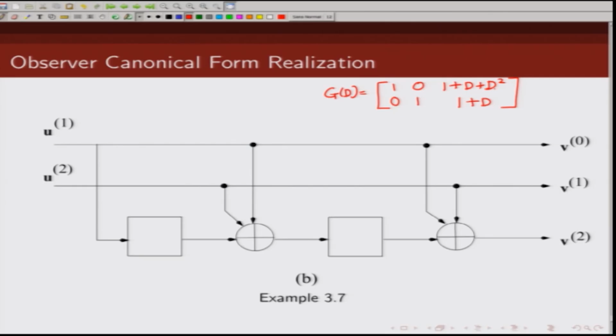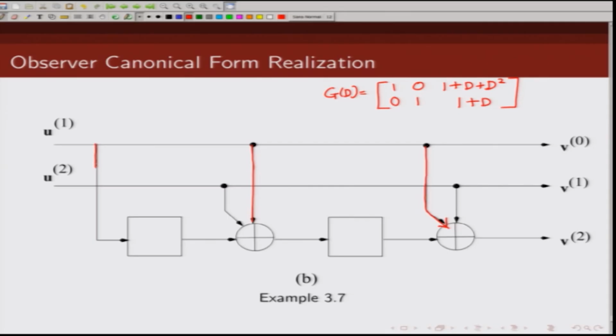So what is the final output then? The first coded bit is just U1 of D. The second coded bit is U2 of D, and the third coded bit is 1 plus D square of U1 of D. So what is U1 of D? U1 of D is this one. What is D times U1 of D? That is this term. And what is D square U1 of D?